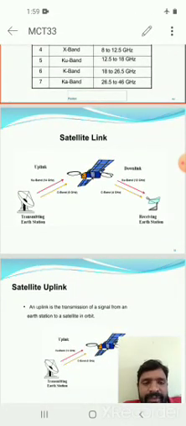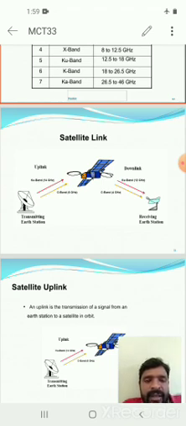Satellite link. A satellite link is the frequency used to transmit and receive information. From the earth station we send, or transmit, the information toward the satellite.